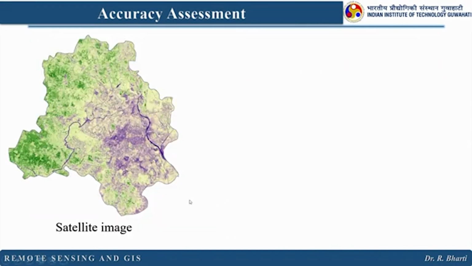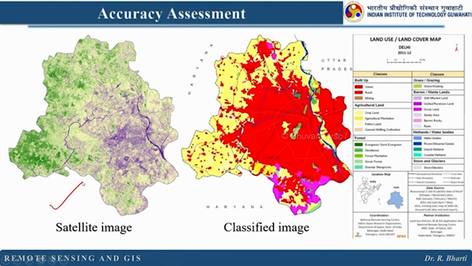Let us understand this in detail. So assuming this is the satellite image of an area and this is the classified image of this particular area, right. And here all these colors indicate some classes and those classes can be seen here, right. But exactly whether they are matching or mismatching with the real world, that you need to establish.